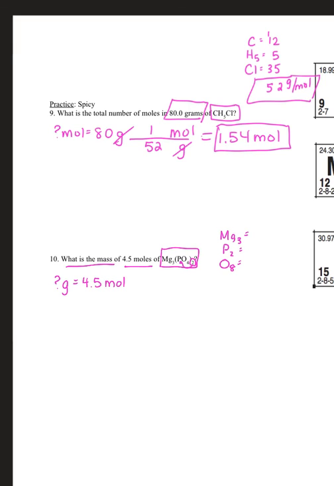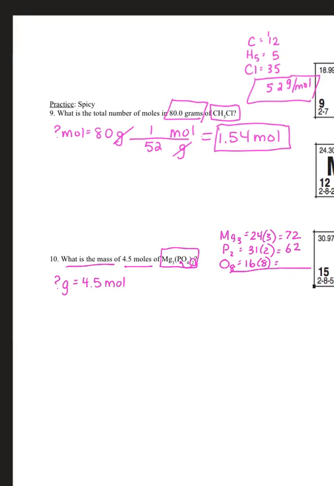So magnesium. Each magnesium is 24. I have 3 of them. Each phosphorus is 31. I have 2 of them. Each oxygen is 16, and I have 8 of them. I'm just going to plug these into the calculator and then total them up. So 24 times 3 is equal to 72. 31 times 2 is equal to 62.